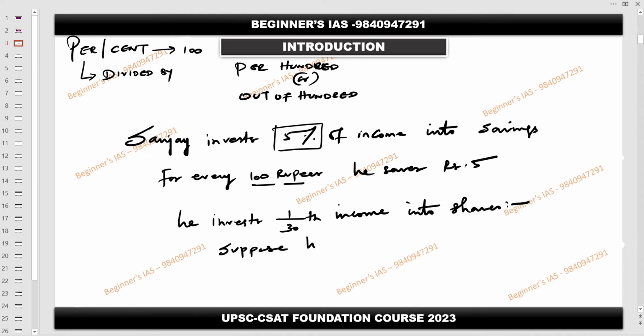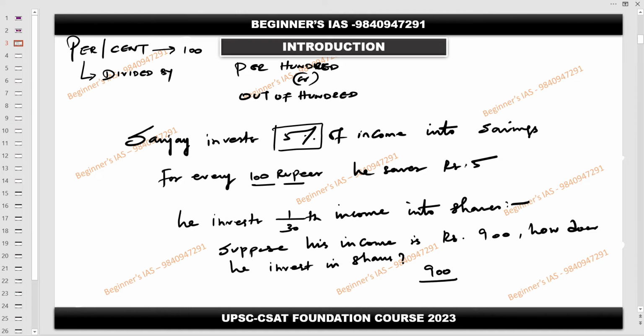Suppose his income is 900 rupees. How much does he invest in shares? 900 by 30 gives you the answer, yes or no?